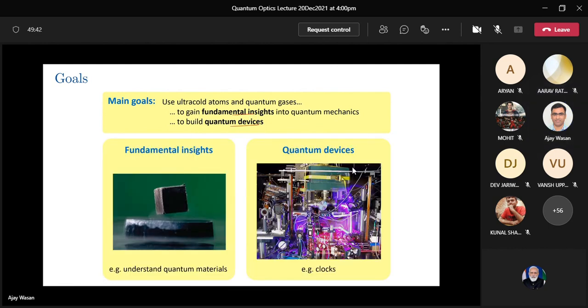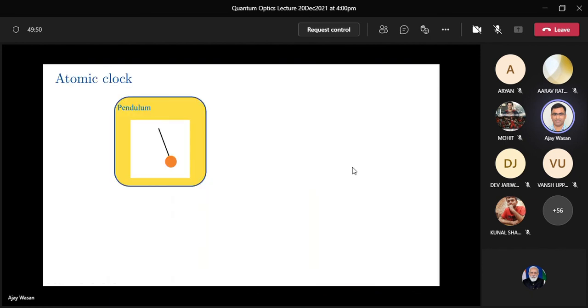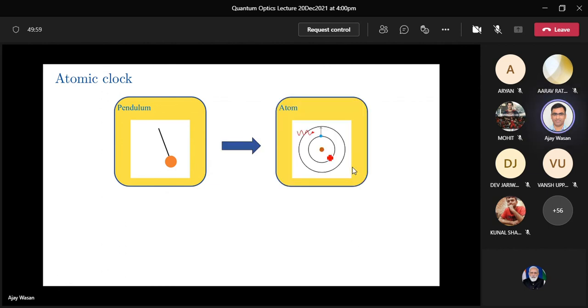Quantum devices, mainly the quantum clock, atomic clock I should say. The pendulum you already know was used for many years, in the 15th, 16th, 17th century, and now we are on atoms. I would like to show why we are doing this: to get high accuracy and high transition frequency.